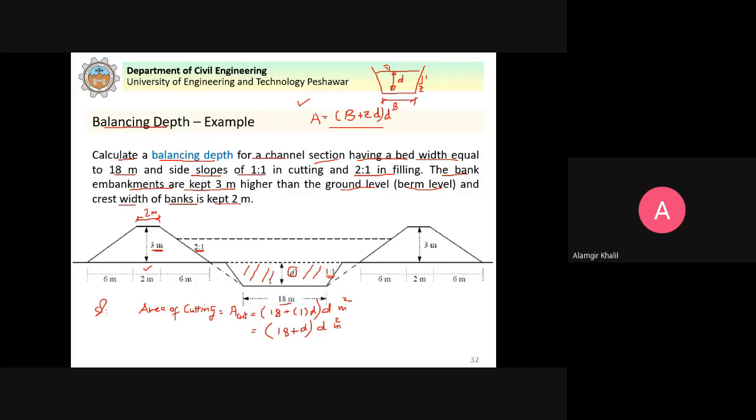Even if you do not use this formula, you might have studied there is another way of calculating the area for a trapezoid. You might have studied this in your survey course or other courses. You can see here that the top width will still be 18, from here to here.